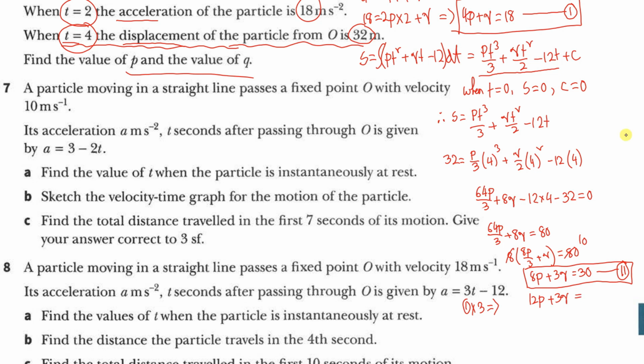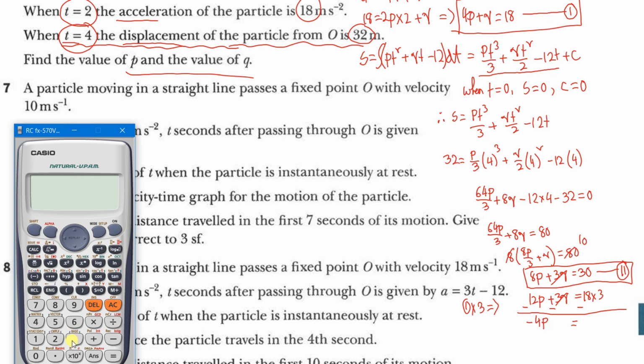If we subtract this from the second equation, we can write 8p minus 12p, which is minus 4p, and 3q cancels out, and 30 minus 18 into 3.